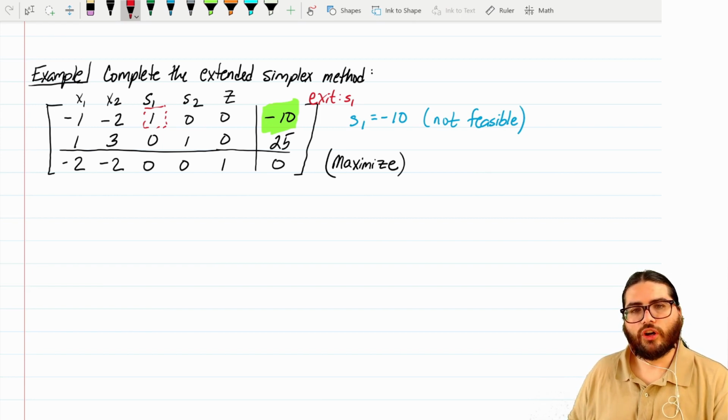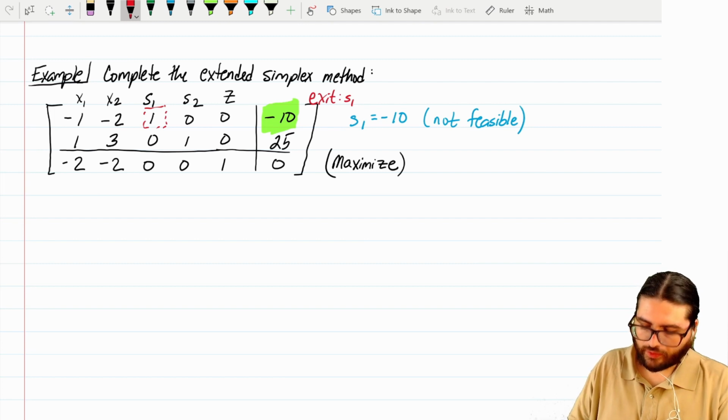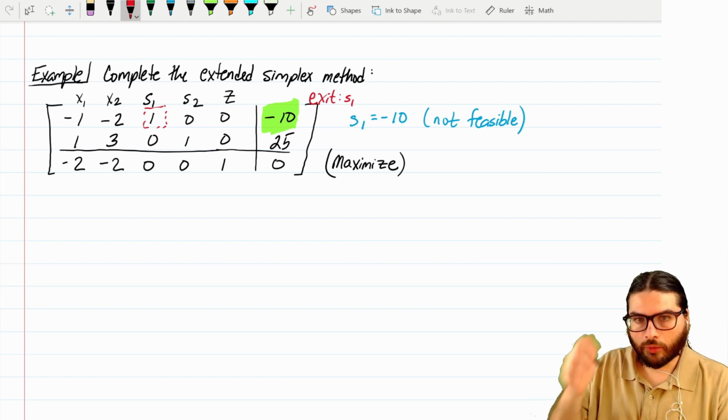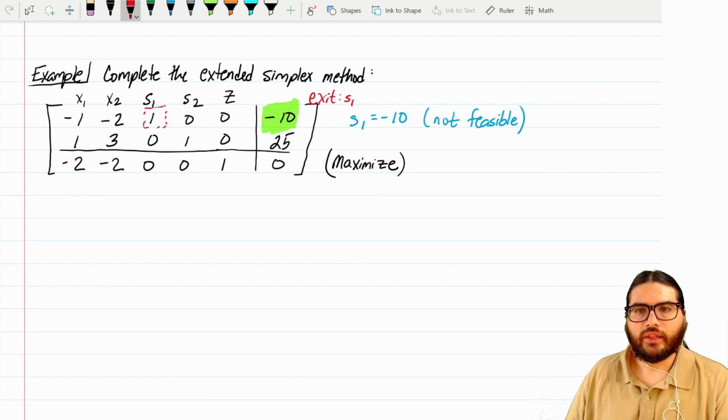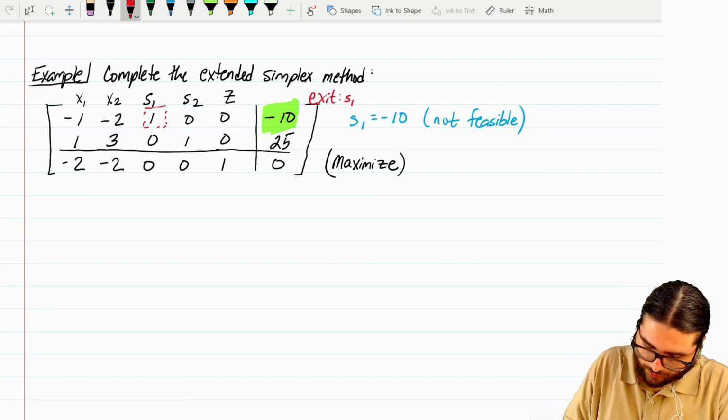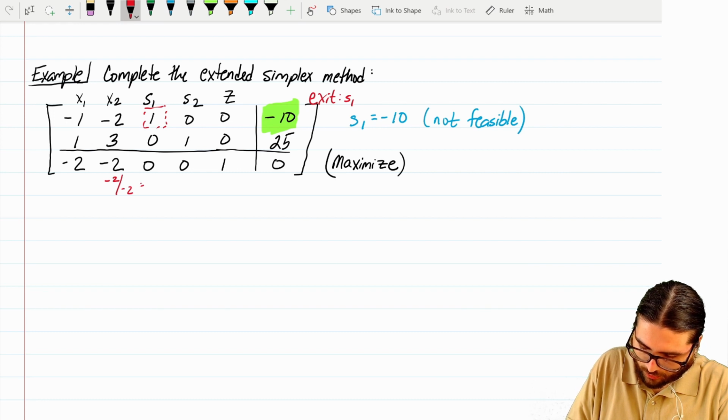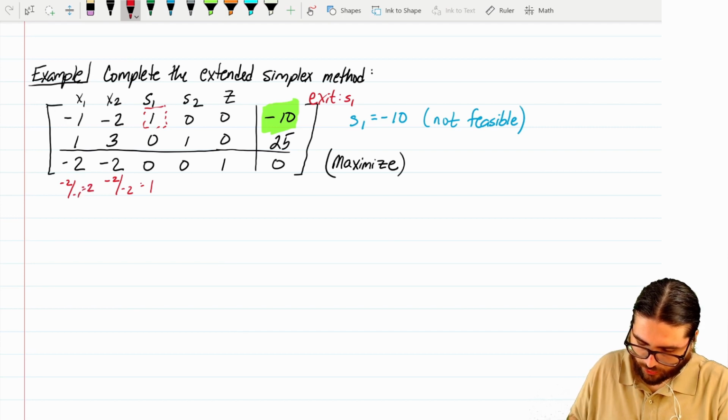But to figure out which other pivot to bring in, I'm going to do the ratios. The ratios in the dual pivots are the bottom row divided by the exiting row. So here, this pivot is -2 divided by -2, that's equal to 1. This pivot is -2 divided by -1, which is 2.